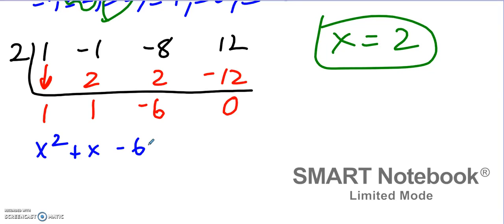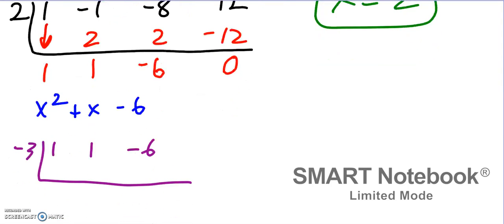But since I already found one of my other possible roots being -3 from the calculator, I'm going to go ahead and do synthetic division again. -3, but I'm going to use the coefficients of this polynomial.